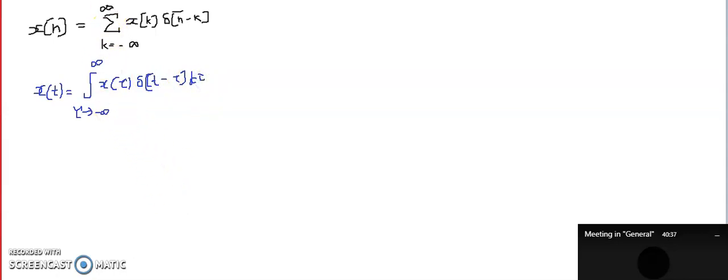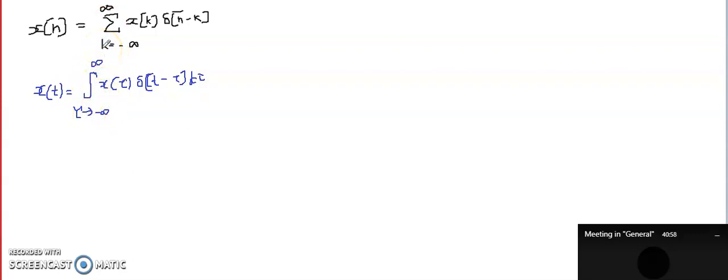Okay, so this summation result in discrete time domain can be extended to continuous time domain, because discrete time domain में summation operation is equivalent to integration operation in the continuous time domain.